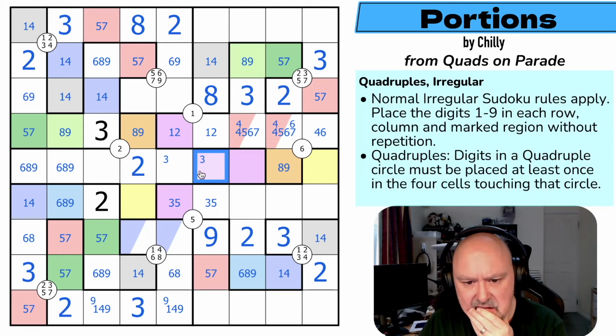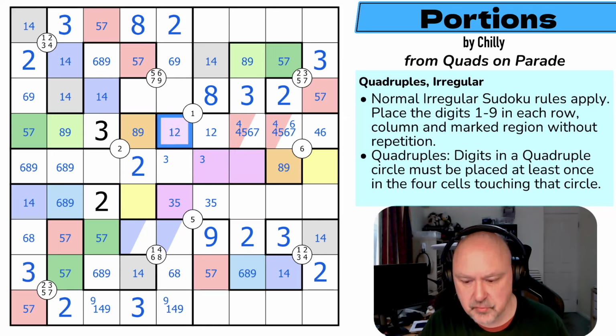Oh, neither of those can be a 2, so that can't be a 2. If this was a 2, it would have to go in one of those two cells, and I can't do it. Because neither of those two cells can be a 2. That's a 1. Which means that's a 2. The 1 here means this isn't a 1. It doesn't see any of the 1, 4s, I don't think.